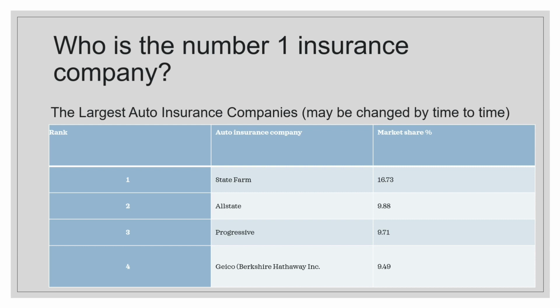In second position, Allstate, market share 9.88. In third position, Progressive, 9.71, and in fourth position, Geico, 9.49 market share percentage. But all this data may change from time to time.